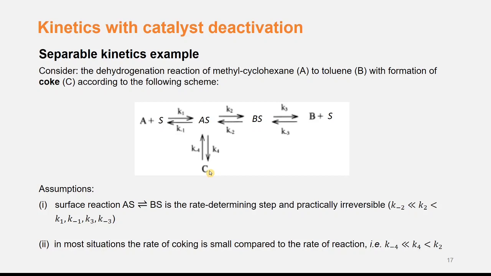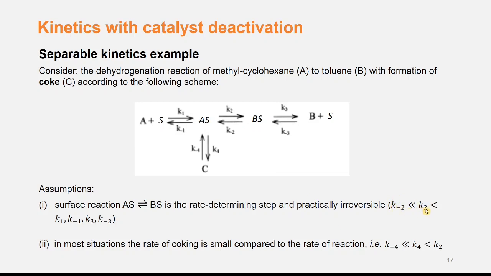We will assume that the step from AS to BS is the slowest step, or the rate determining step, and that it is essentially irreversible. That means that K negative 2 is significantly smaller than K2.